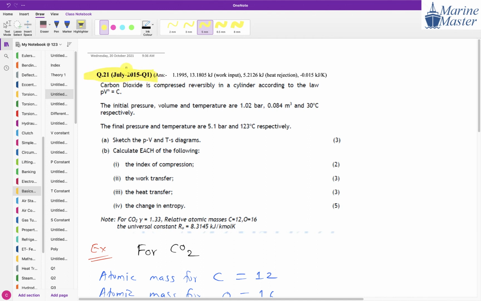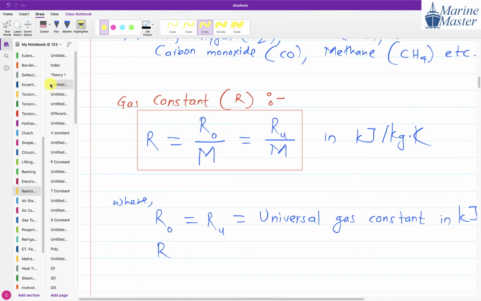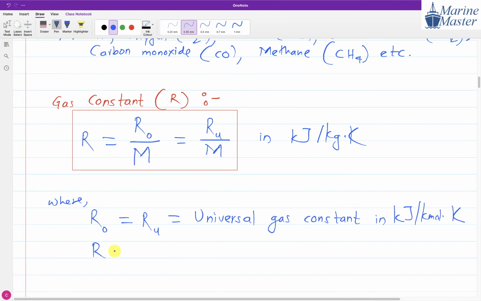Here they denote the universal gas constant by RO, and its value they have given is 8.3145 kilojoule per kilomole Kelvin.